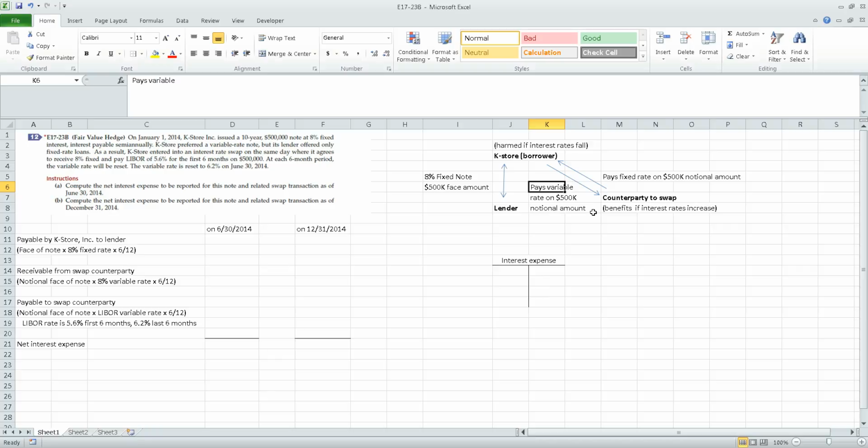And the counterparty in turn pays to K-Store a fixed 8% rate on the $500,000 notional amount.